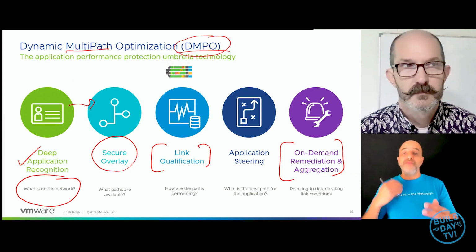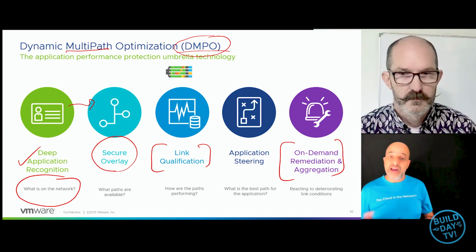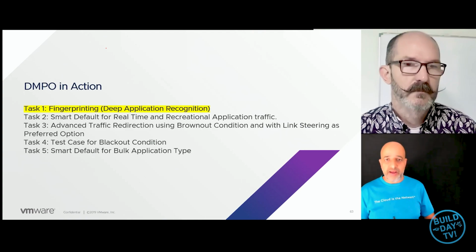And then in sub-second fashion, we steer application traffic when there is any underlying link condition change. And then application quality of service, QoS, is already there. It should not happen that the low priority application takes over when there is a high priority application. So all those things are what we call the feature DMPO, Dynamic Multipath Optimization.